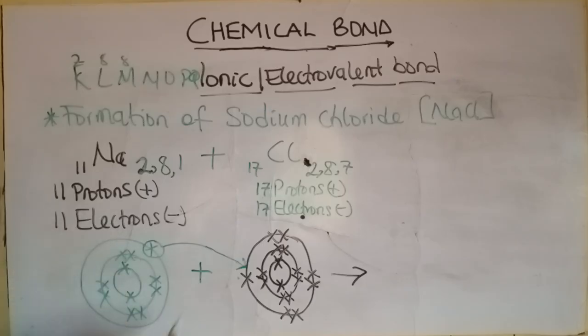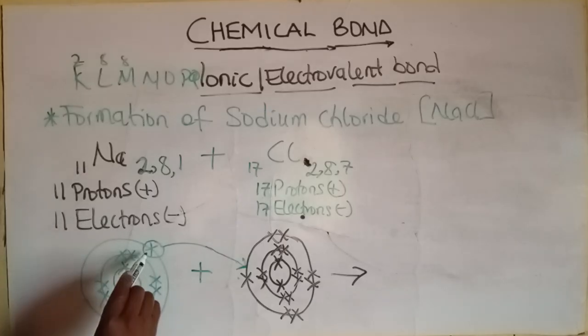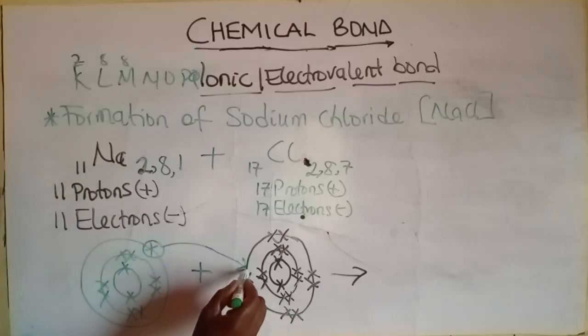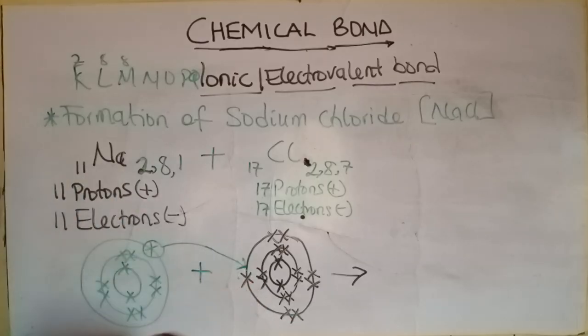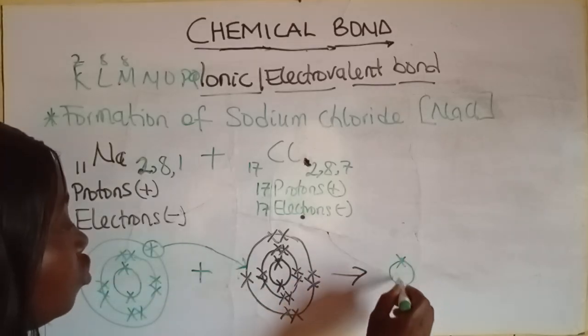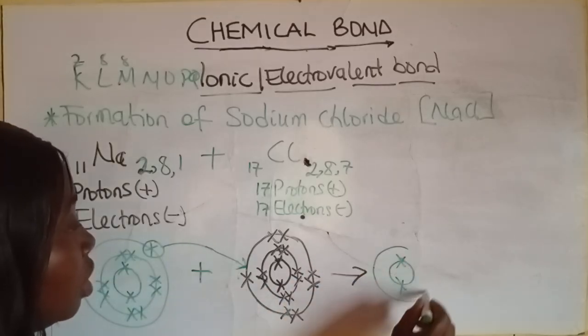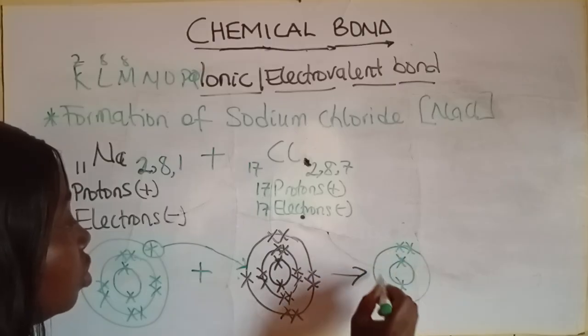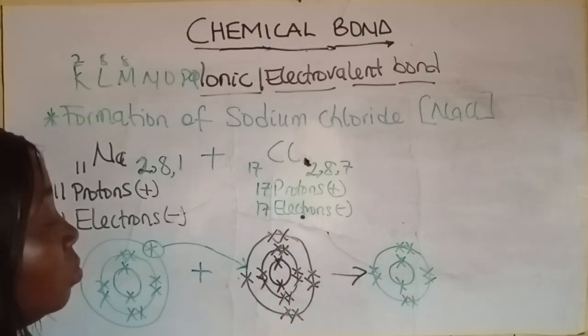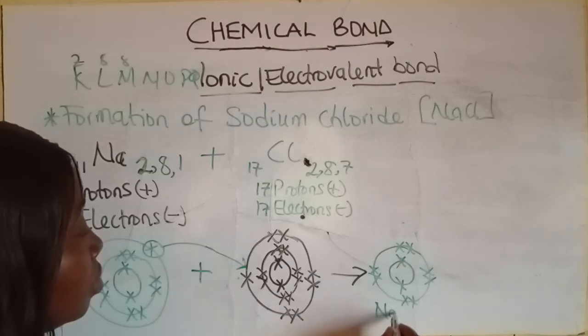Because a shell is a region where we find electrons, and since sodium has transferred this electron completely to chlorine, this shell will cease to exist. So it will now have just 2 shells. The first shell with 2 electrons and the second shell with 8 electrons. And that is sodium ion.